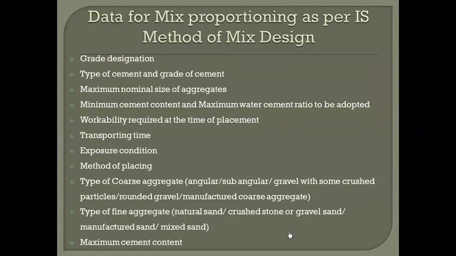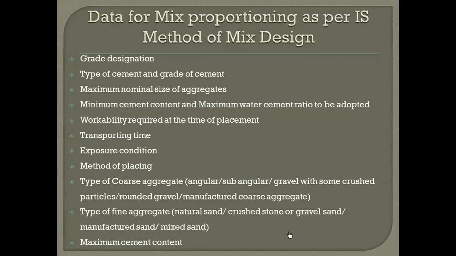Just now we discussed in the durability aspects that based on the exposure condition we should know these. Workability required at the time of placement, because as you have studied the slump test, for different types of work we have different slump values. For example, for RCC construction we require a slump of 50 to 100. So that has to be known before doing mix design.